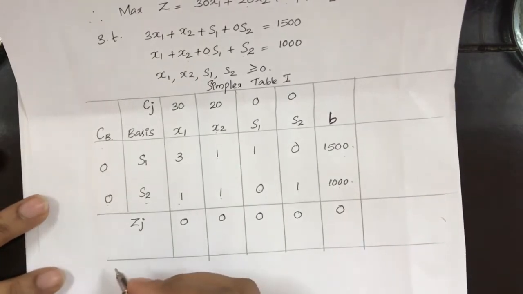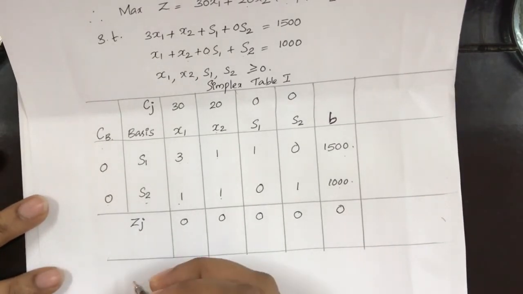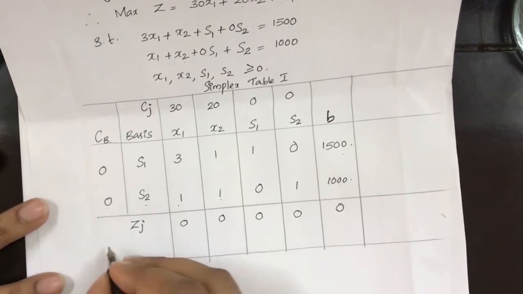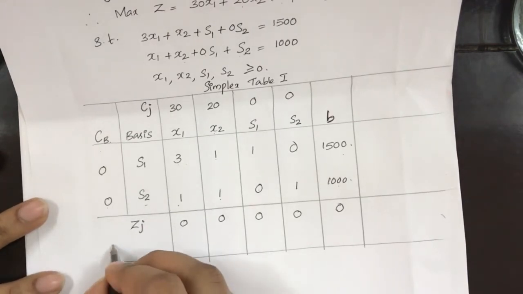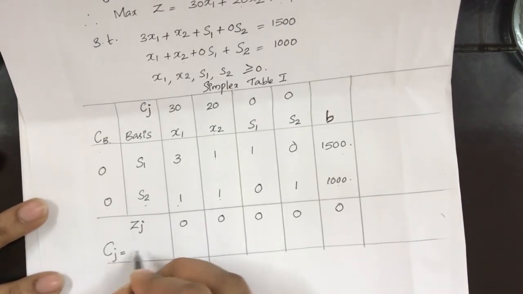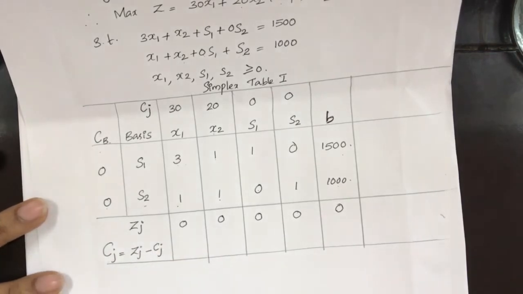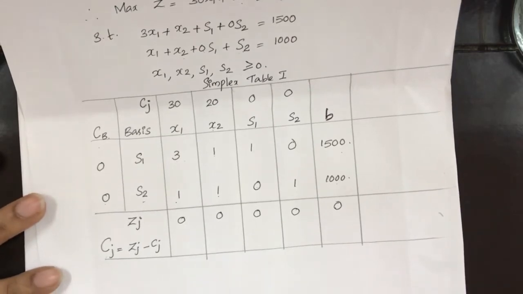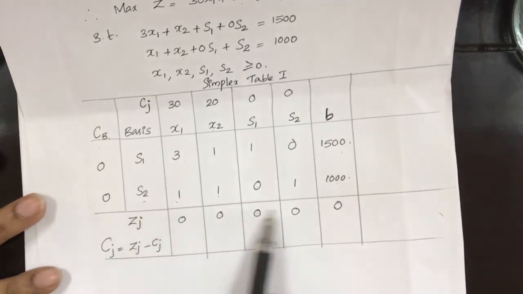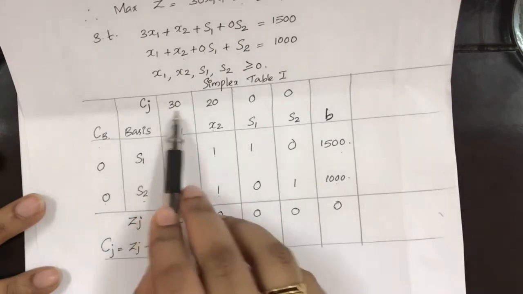Now I need to find another set of values, capital Cj equal to Zj minus small cj. Zj is this value, small cj's are these values.